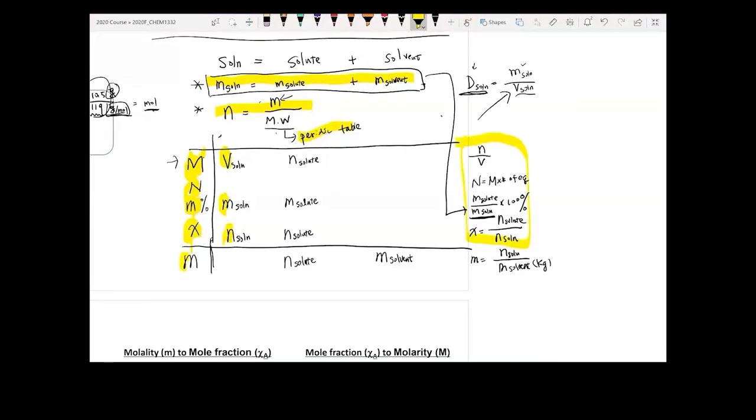The molality is the only exception. Even though the numerator is still the amount of solute, the denominator is the mass of your solvent, not the solution. In order to do the conversion between different concentration expressions, this table summarizes all the equations to memorize for a proper concentration conversion.